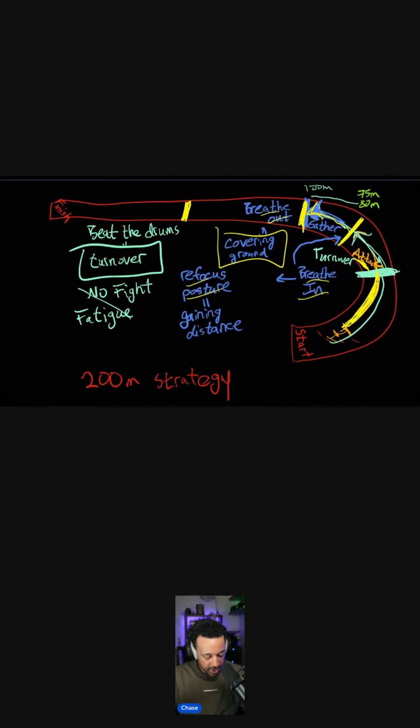Instead, I want to fight to keep my posture and turnover. Because what happens at the end of the race is they're trying to fight fatigue, so they really try to grind it out, and then they end up getting long in their strides and slow in their turnover.